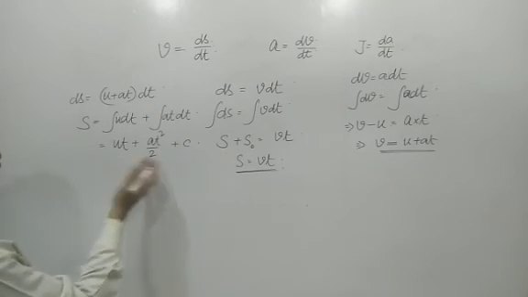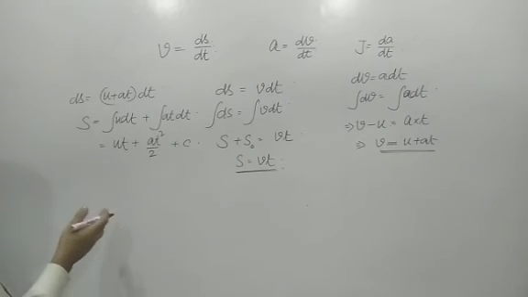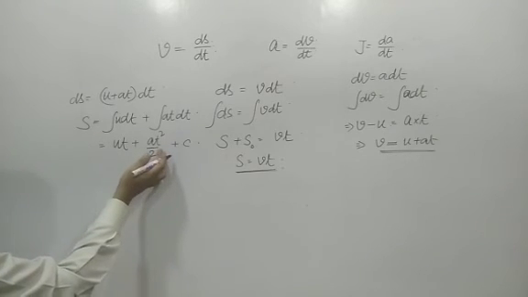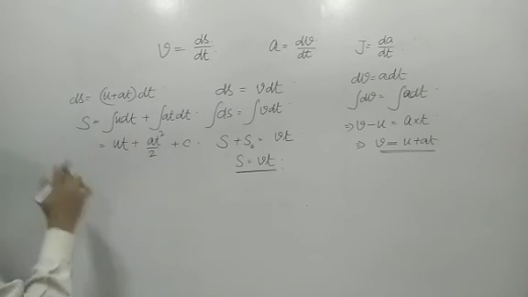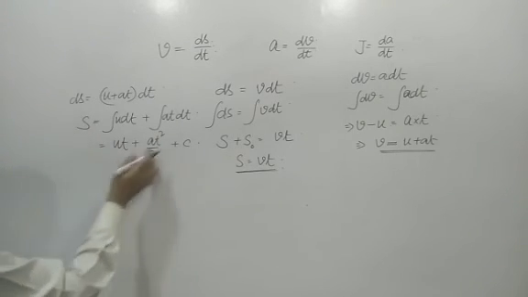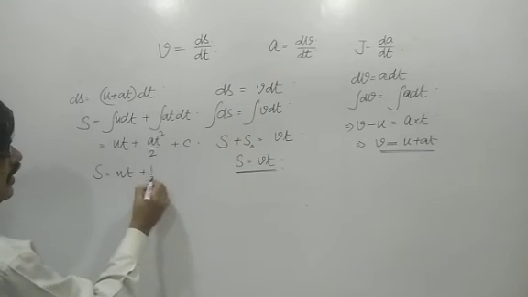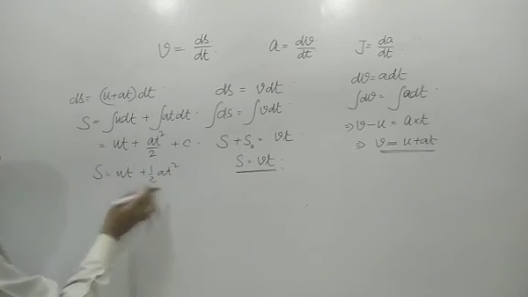Same, if displacement is measured from that very point which is called the reference, then c will be 0. That means at t equals 0, the particle is at the 0 point. So in that case c will be 0. In that case you can write down s equals ut plus half at². See, the same equation can be derived with the help of calculus.